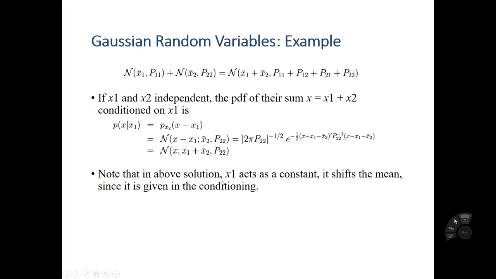Note that in the above solution x1 is a constant, it shifts the mean since it is given in the condition. Similarly, if we put here x2, then here the x1 mean, and here P11, because it is a diagonal matrix, and similarly here x minus x2 minus x1 mean.